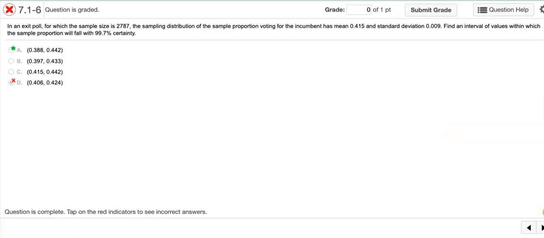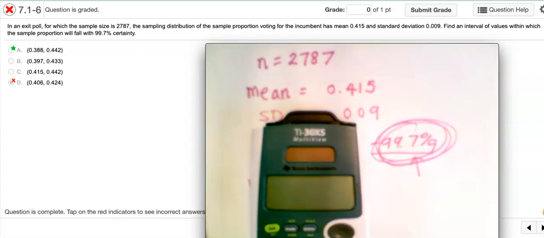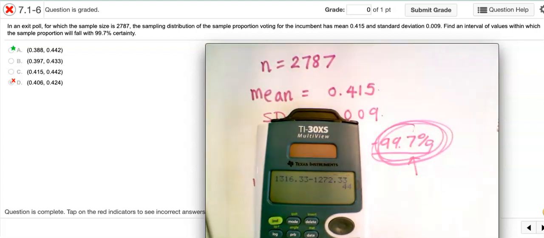Now, let me show you my calculator and the calculation I'm doing to see if it's okay to use normal. n is 2787, and if I multiply by the mean of 0.415, I get 1,156, rounded up 1,157 expected to vote for the incumbent.